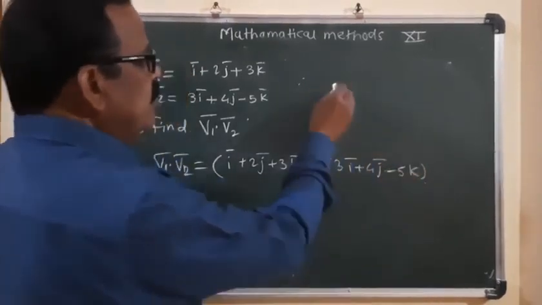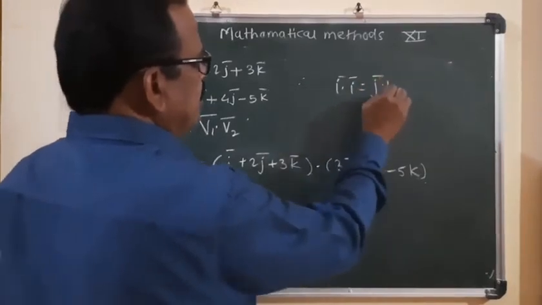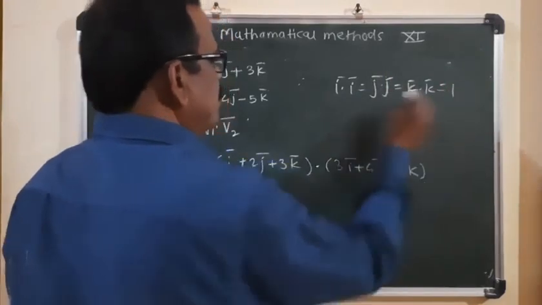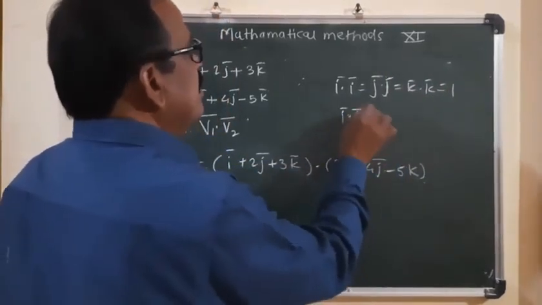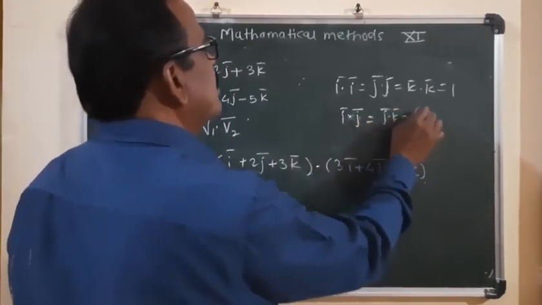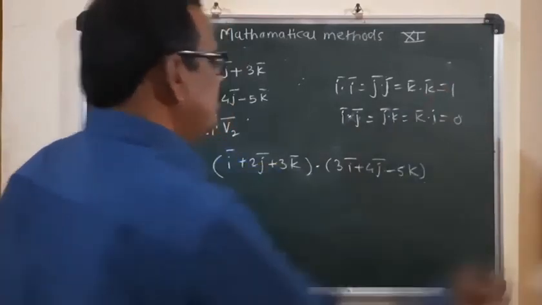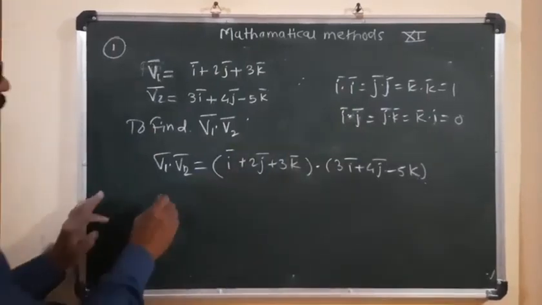By using the rule I bar dot I bar is equal to J bar dot J bar is equal to K bar dot K bar is equal to 1, and I bar dot J bar is equal to J bar dot K bar is equal to K bar dot I bar is equal to 0, we solve this problem.